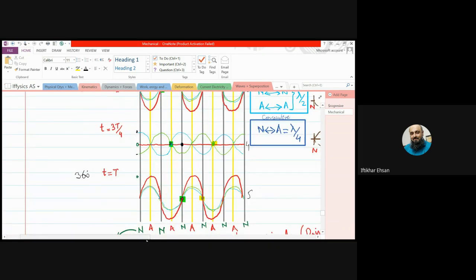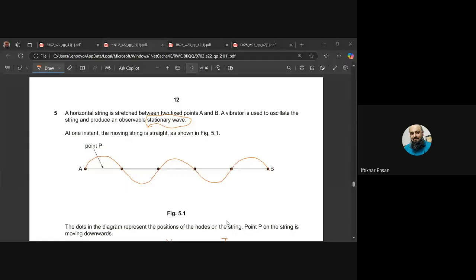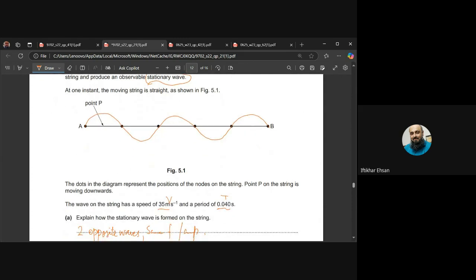So beta, we can draw any type of waveform if it is already there. If it was a straight line, then after a quarter it will be like that. Clear, beta ji, Sarosh?